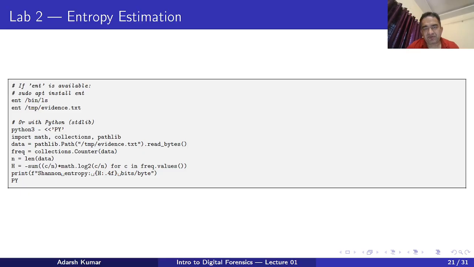For example, encrypted or random ransom note attachments often sit near maximum entropy, while the ransom note text file itself, readable English, has lower entropy, helping in triage of which carved files deserve entropy analysis first. So I'll come back to the experimentation bit later.